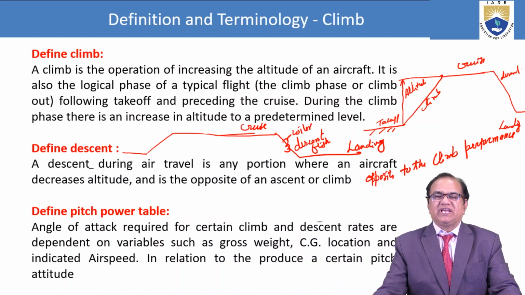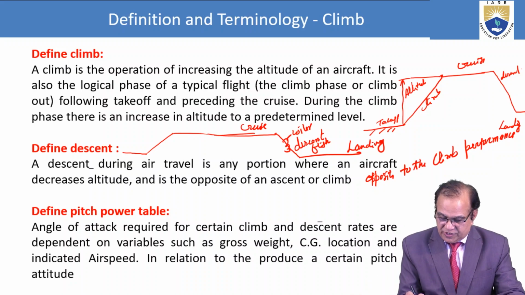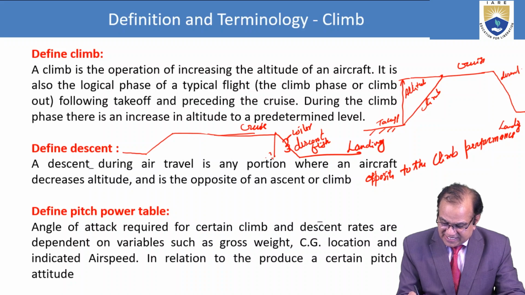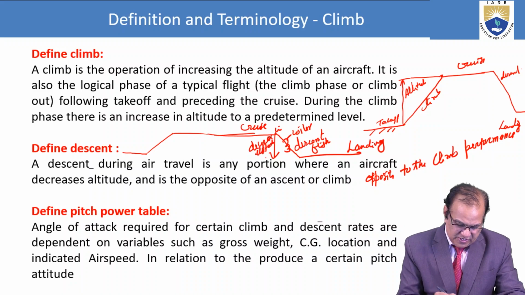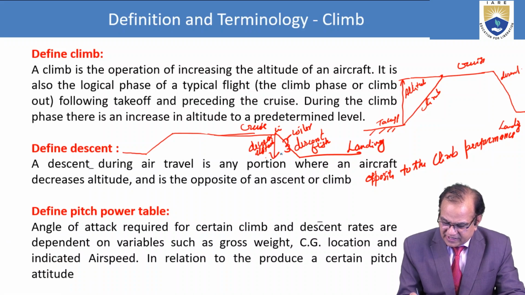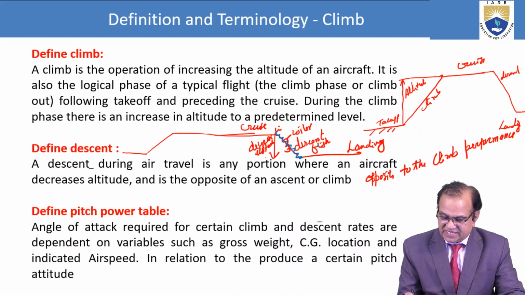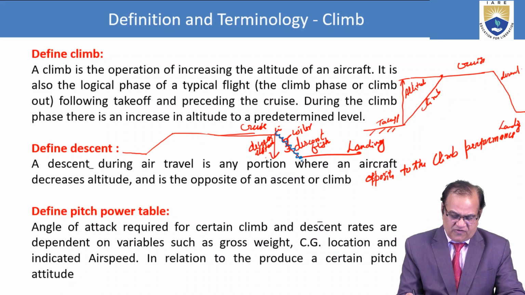A descent during air travel is any portion where an aircraft decreases altitude. So here altitude is decreasing, a decrease in altitude. From here to here, this is your descent, where altitude is decreased. So that is your descent performance.